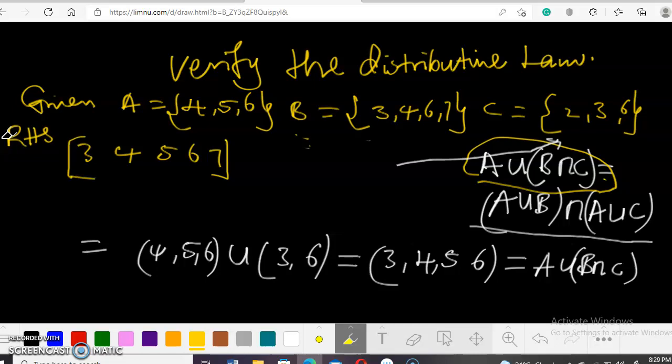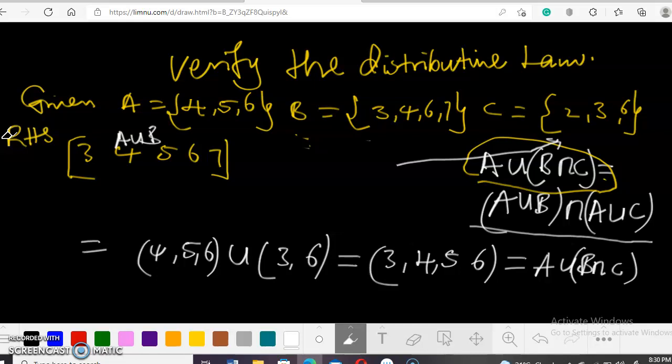Union means that we are taking all the elements in A and the elements in B. We know that in A we have 4, 5, 6, and in B we have 3, 4, 6, 7. So if we take it systematically, we will have 3, 4, 5, 6, 7 in ascending order. So this set represents A union B.